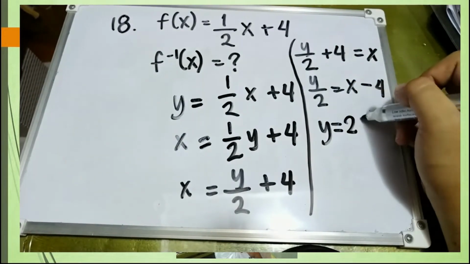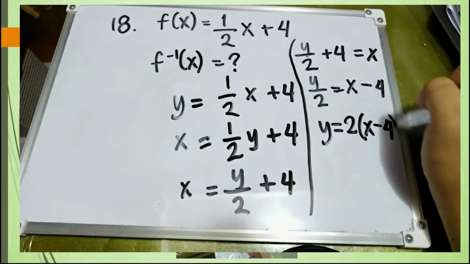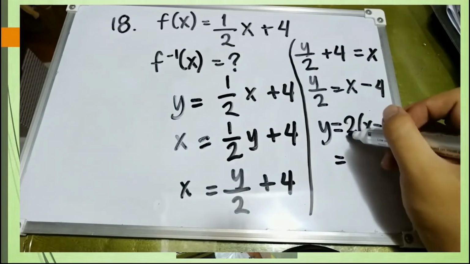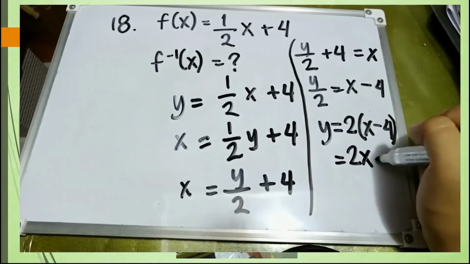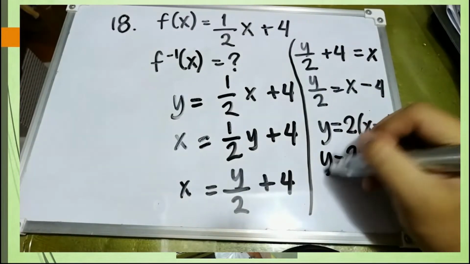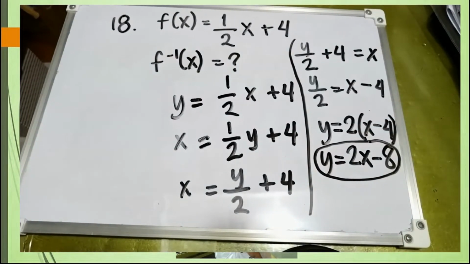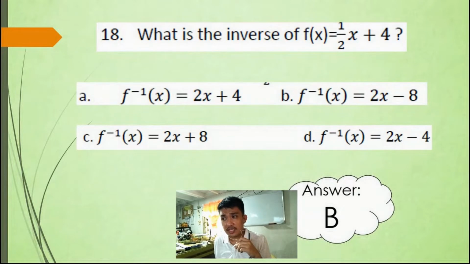So y is equal to 2 multiplied by x minus 4. Then distribute 2. So that is 2x minus 8. So the answer is y is equal to 2x minus 8. Now the answer is letter B.